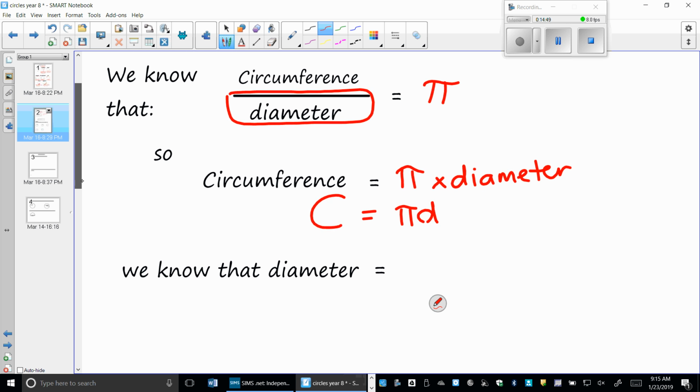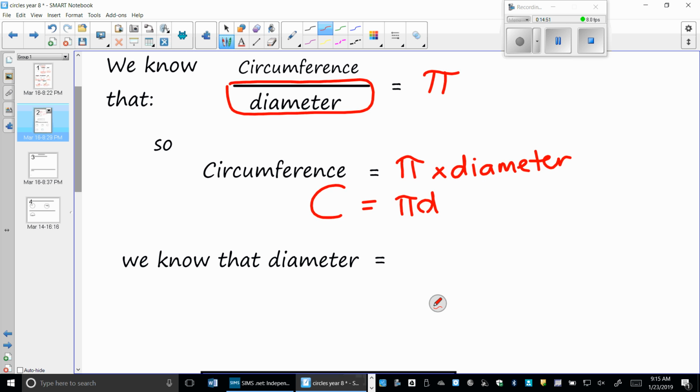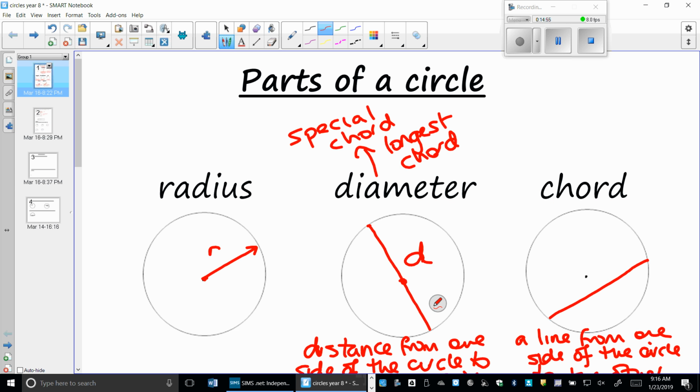So circumference equals pi multiplied by diameter. But going back to this picture here, is there a relationship between these two? What was the radius? The radius was from the middle to the outside. What was the diameter? All the way through, wasn't it?